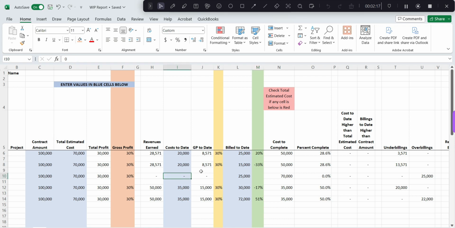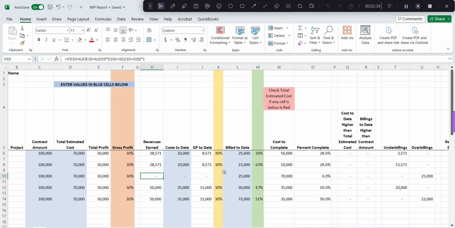So zero cost to date divided by estimated cost, there's nothing there. You are not entitled to recognize revenue. 0% complete. Everything you bill is erased through overbillings. You have done nothing to earn that $25,000.